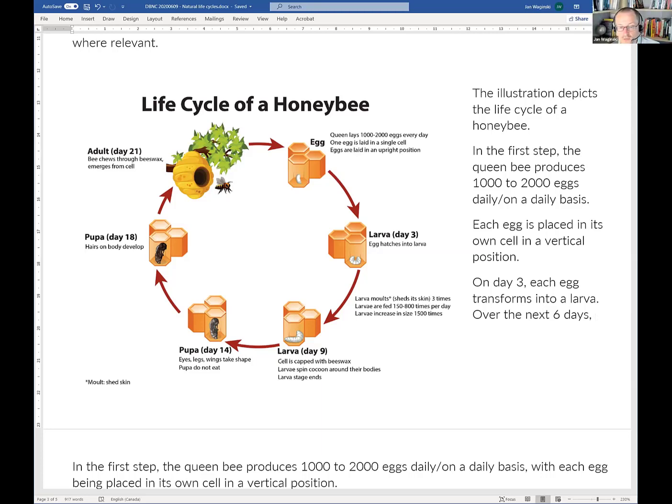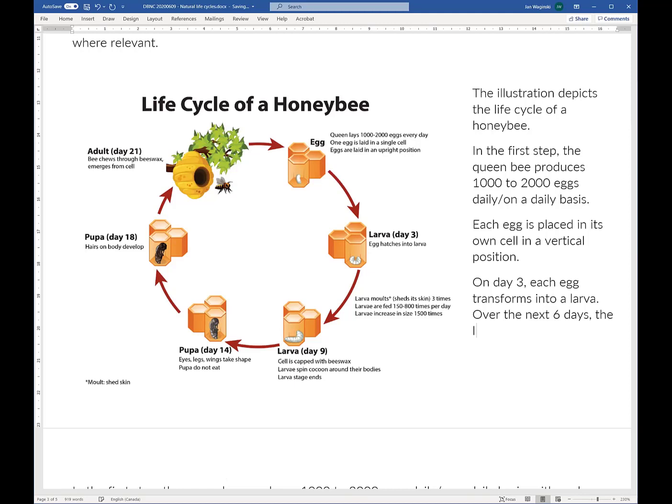Don't worry too much. If it's starting to sound really awkward, don't try too hard to come up with synonyms. Okay. Molt, shed their skin, shed its skin. Not too many synonyms for that. Okay, over the 6 days, the larva's skin sheds.